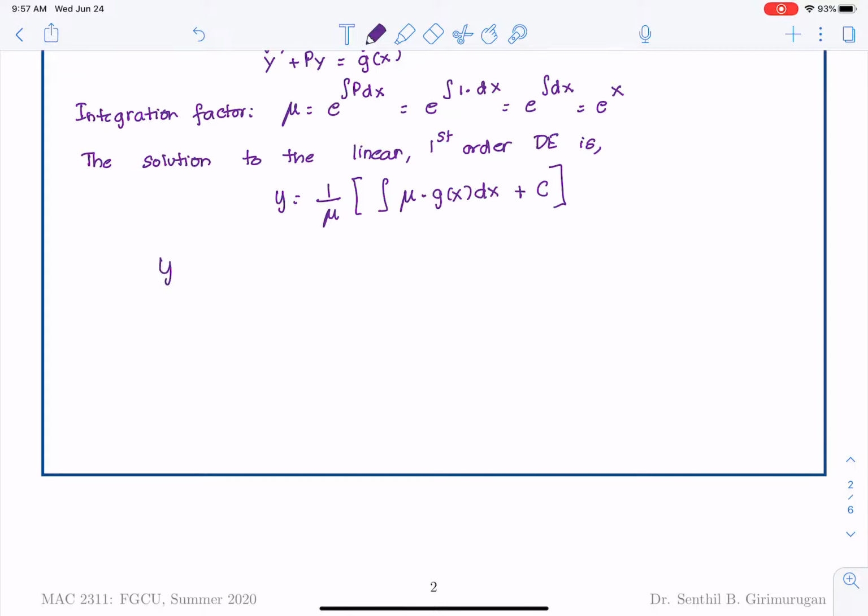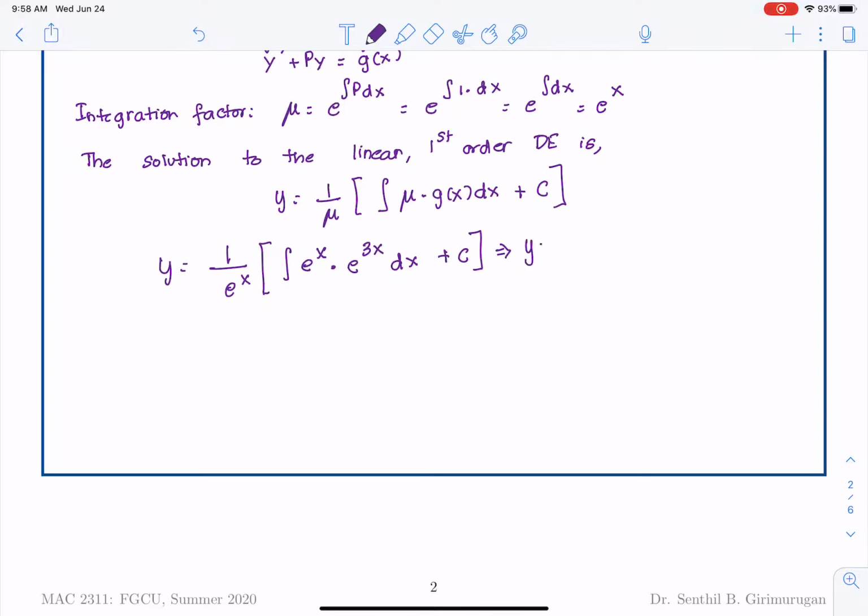So y would equal 1 over e raised x times the integral of mu, which is e raised x, times g of x, which is e raised 3x, dx, plus the constant c.